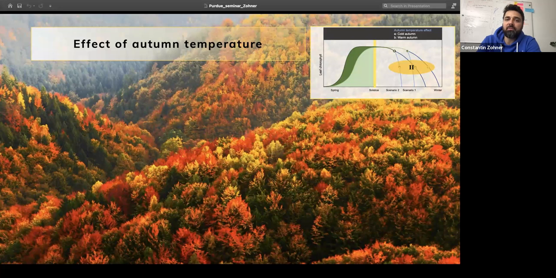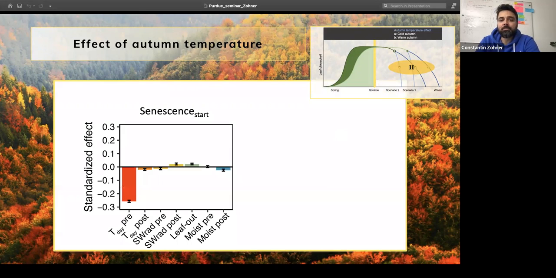Right, so now what about the effect of autumn temperature? How does this come into play? The idea basically was that the start of senescence should be quite independent of autumn temperature, whereas the progression of senescence, the later stages of senescence, should then be modulated by autumn temperatures.